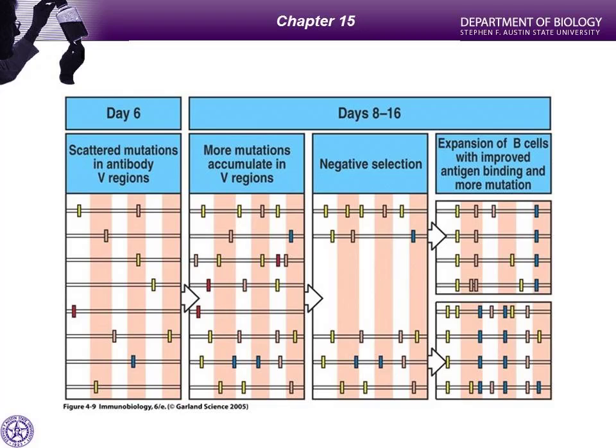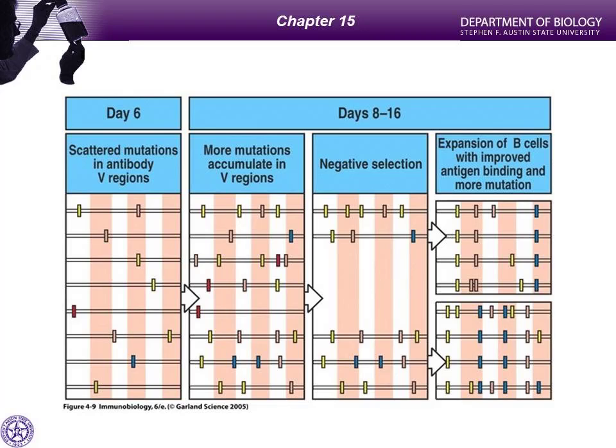Mutations are looking to make it even better. But in the process of trying to improve the antibody, invariably some are not going to work. But look what's happened to 2 of these. Do you see in number 2 here and then second from the bottom? All of a sudden, these things are expanding like crazy because they have a foundational set of mutations that somehow made these even better than the original. And they're expanding, but as they expand, what are they still doing?